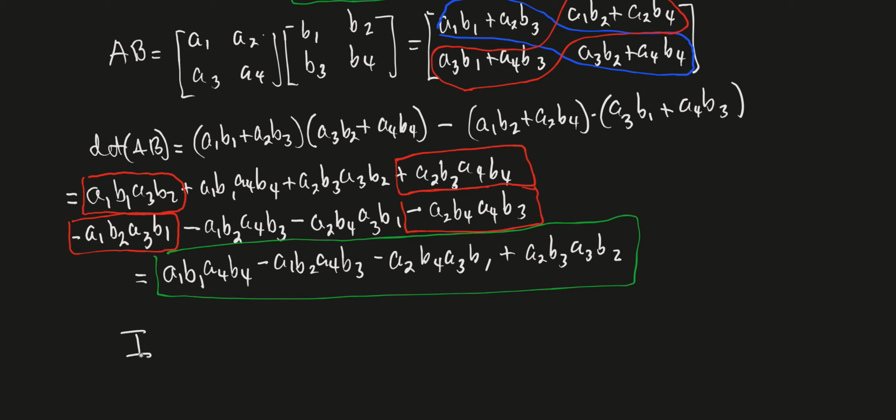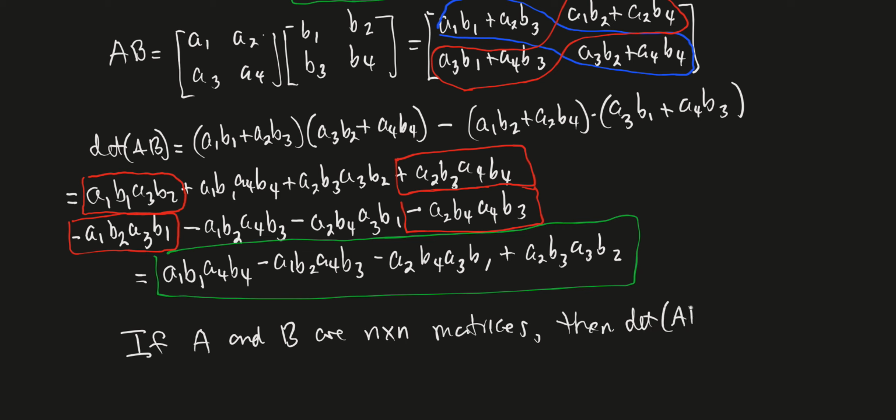And again, it doesn't work just for 2 by 2, it works for n by n. So if A and B are n by n matrices, then the determinant of the product, AB, is equal to the determinant of A times the determinant of B.